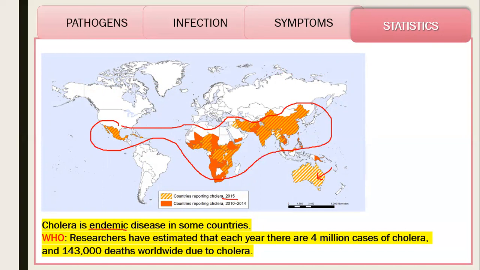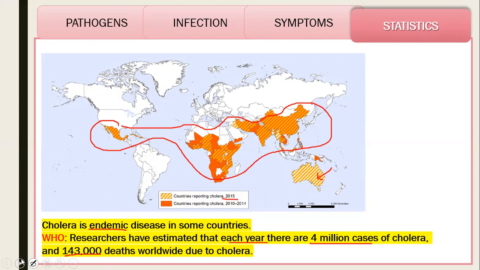According to the World Health Organization, each year nearly 4 million people have the disease. Of course, most of them recover, but each year 143,000 people die because of this. And it's not a small number, it's really a very big number. So that's why this disease is really a dangerous disease.